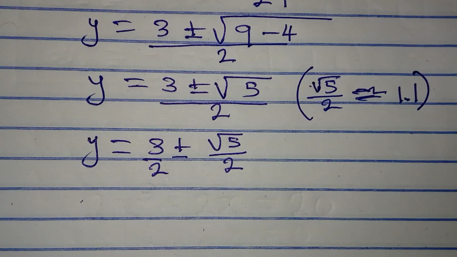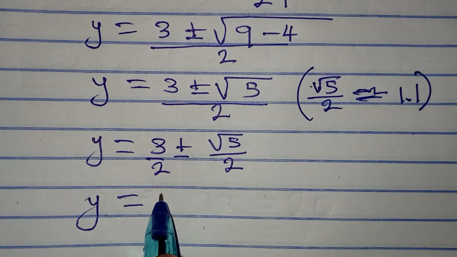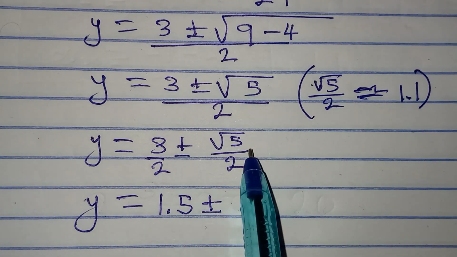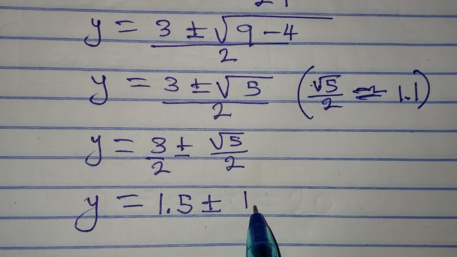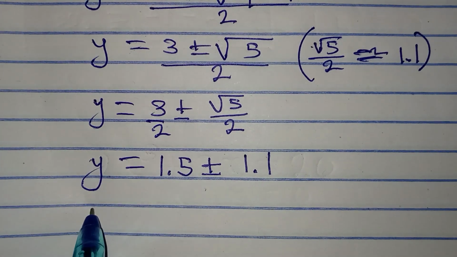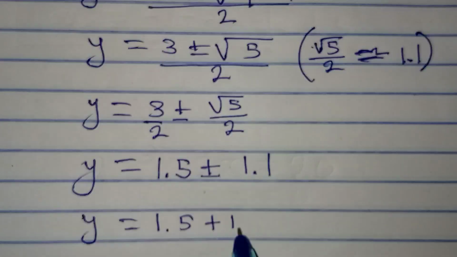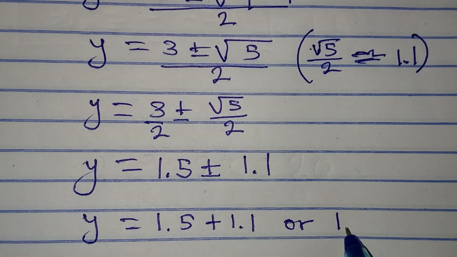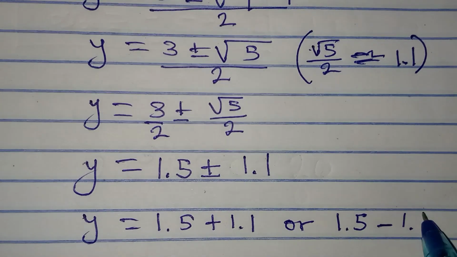And from here, let's put in what we have. Y will be equal to 3 over 2, which is the same as 1.5, then plus or minus square root of 5 over 2, which as given in the question is 1.1. So I have 1.1. And now what do we have here? We are having that y is equal to 1.5 plus 1.1, or we have 1.5 minus 1.1.